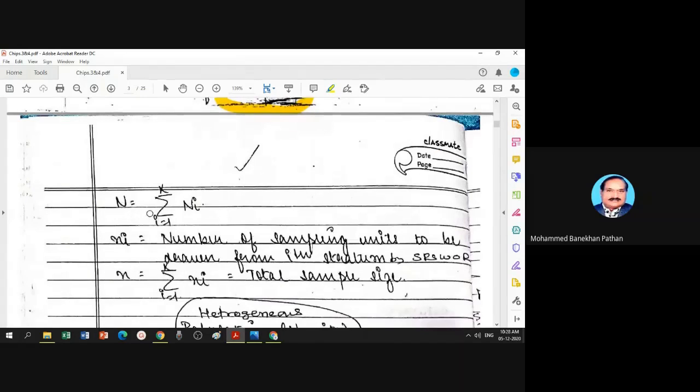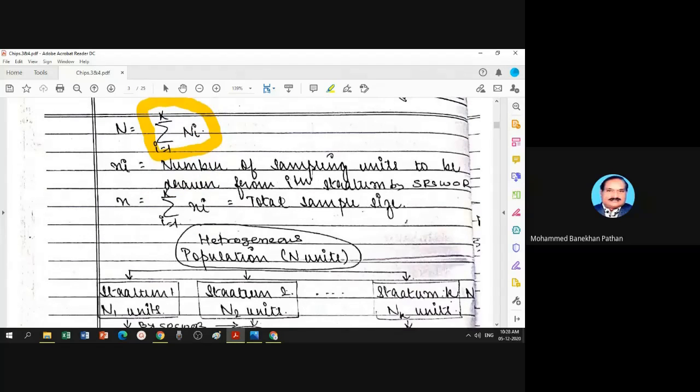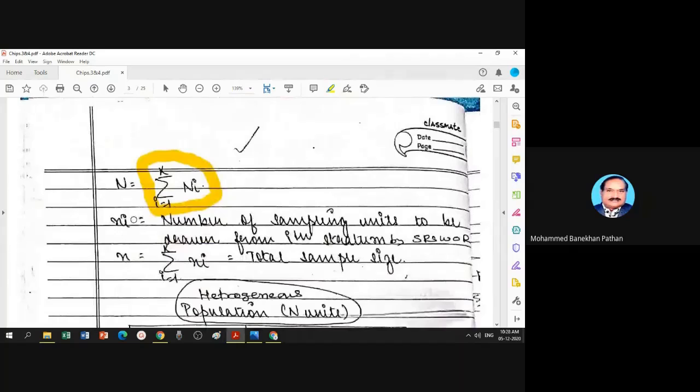Capital N is the sum of all population strata sizes, N1 plus N2 plus dash dash Nk. We divide the original population into K groups. Parallel to capital Ni, there is a small ni. Parallel to capital N, there is a small n. Small ni indicates number of sampling units drawn from ith strata by using without replacement.